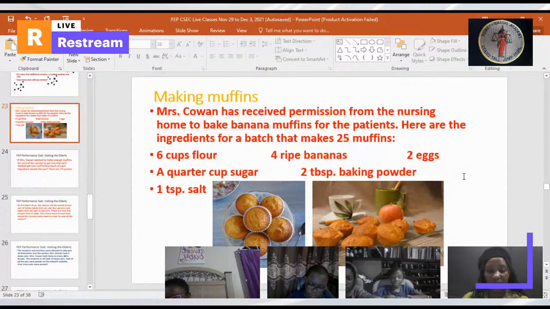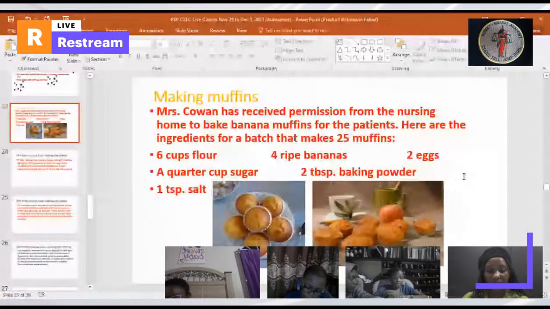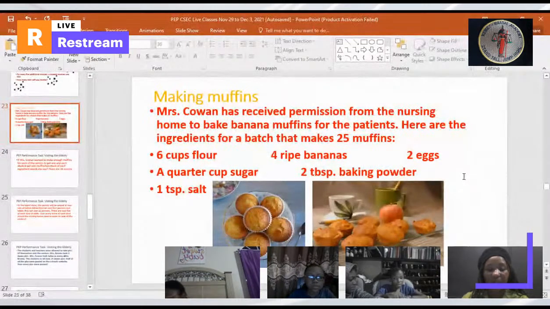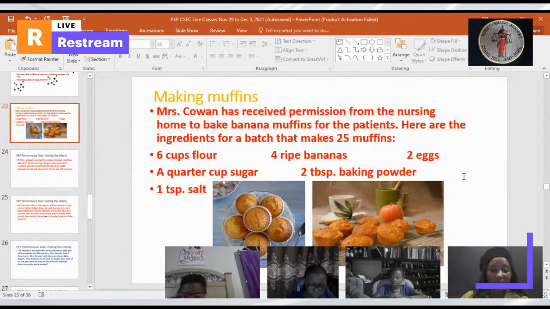These ingredient amounts are enough for 25 muffins. So let me hear your ideas on this. What are your ideas?